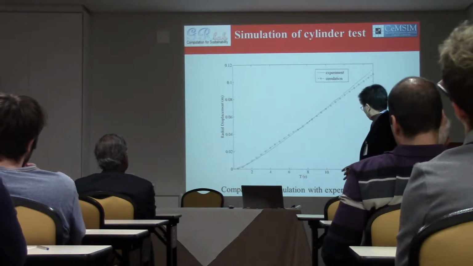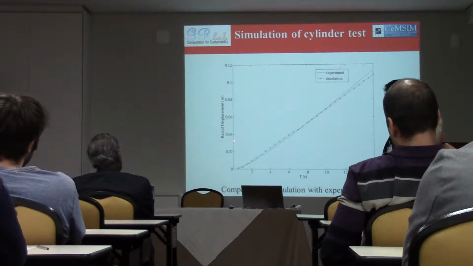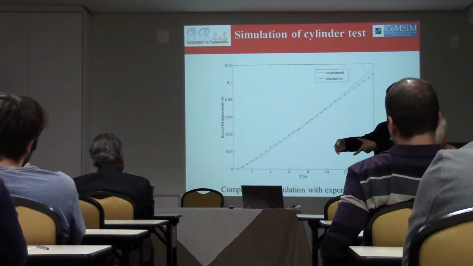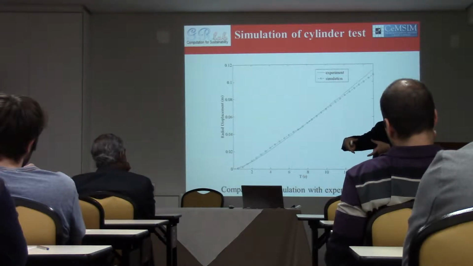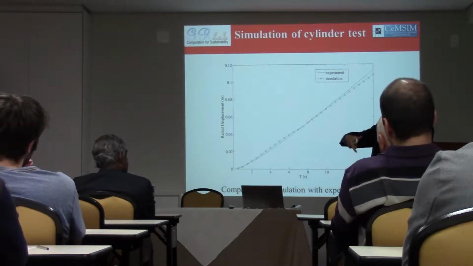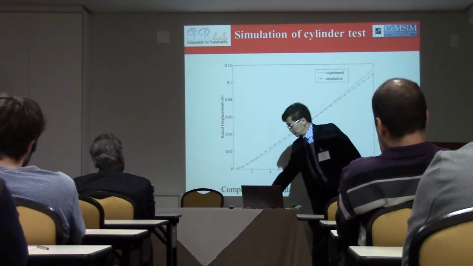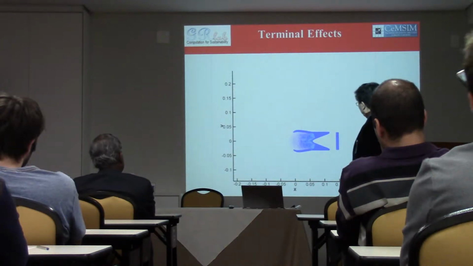And this is a comparison between the experiment and the simulation. We are comparing the displacement, which can be measured. You perform a detonation and take pictures with time, so you see the expansion of the radius of the cylinder with time, and you compare it with the simulated results.